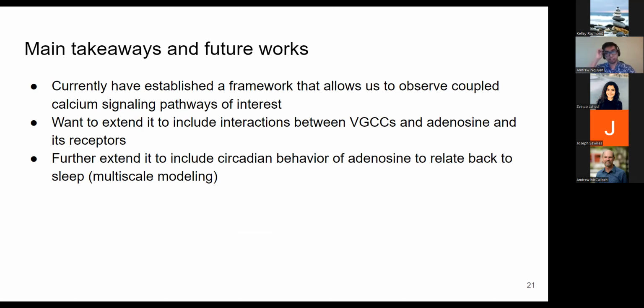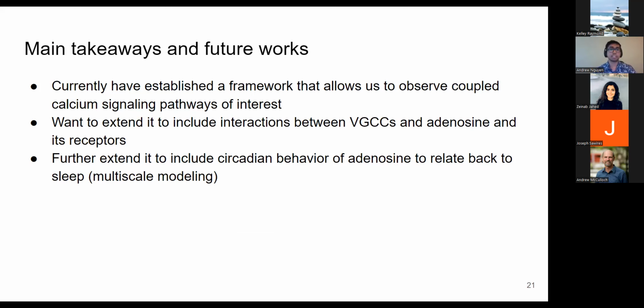One that comes to mind is skeletal muscle. We can ask the question, how do changes in sleep or sleep deprivation affect calcium activity in skeletal muscle?